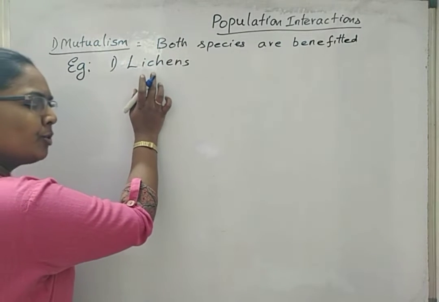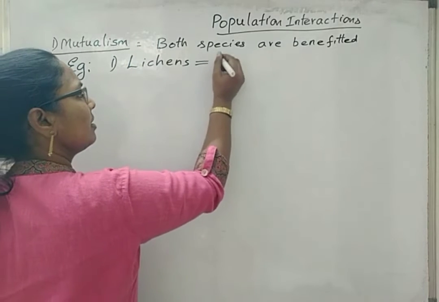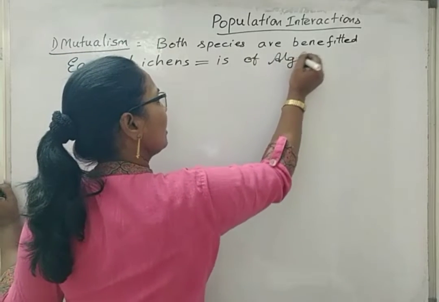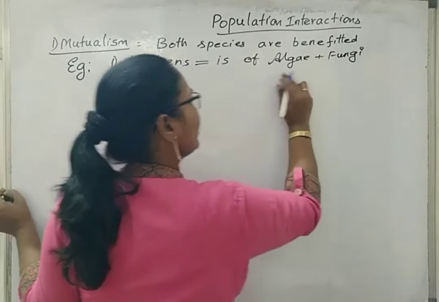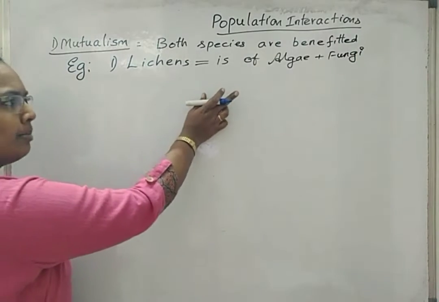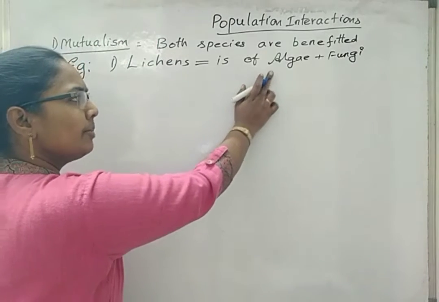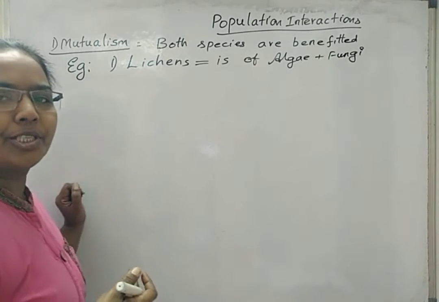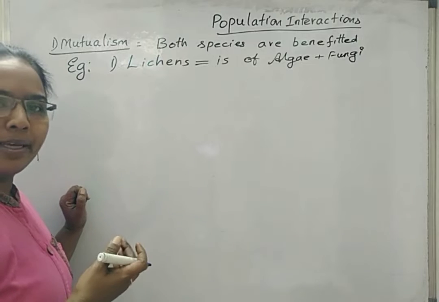Lichens are a mutual association of algae plus fungi. Both support each other. Fungi will be at the bottom, decomposing and absorbing nutrient material. The algae part of the lichen will be on the topmost position to carry on photosynthesis and prepare the food material.